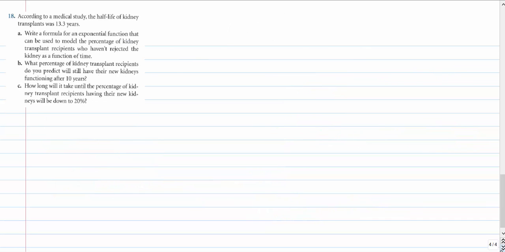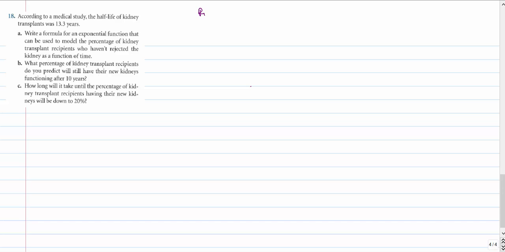Last question. According to a medical study, the half-life of kidney transplants was 13.3 years. Write a formula for the exponential function that can be used to model the percentage of kidney transplant recipients who haven't rejected the kidney as a function of time.